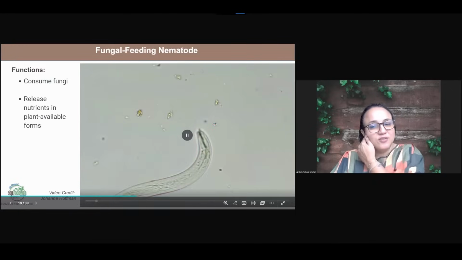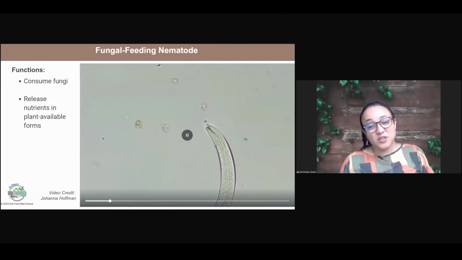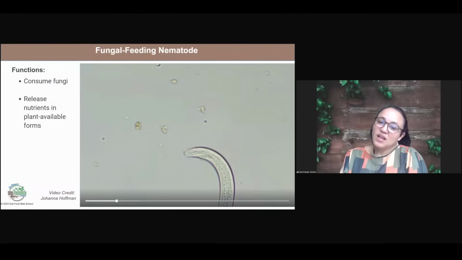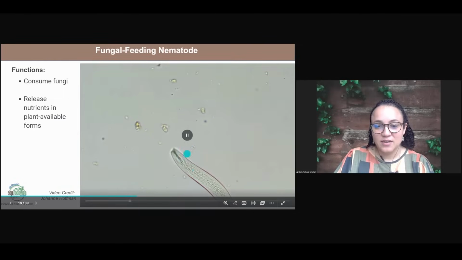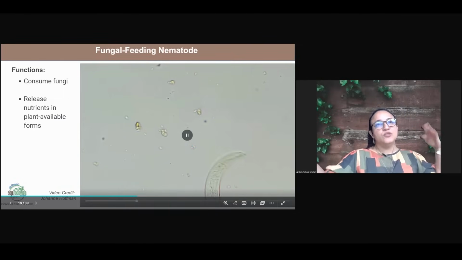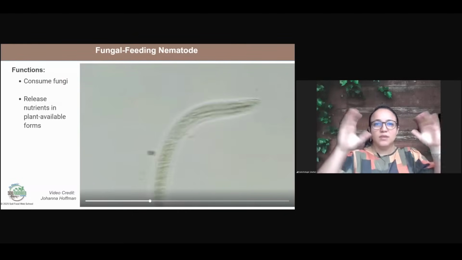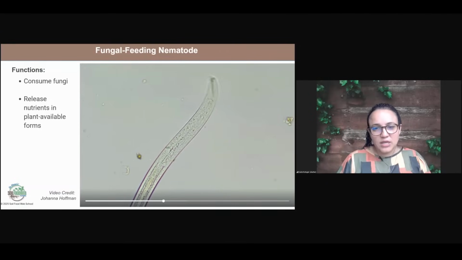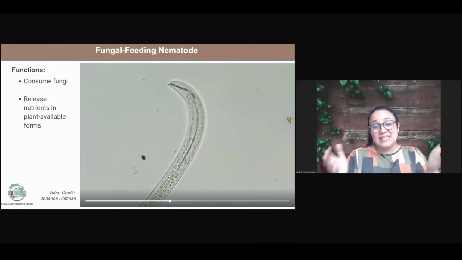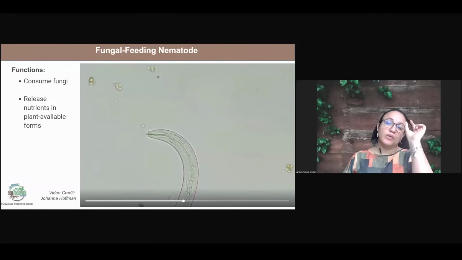Fungal feeding nematodes. A lot of people get scared about them, saying, hey Carla, they can puncture the root system as well. No, because they only have the stylet, as you can see here. Imagine yourself trying to punch a thin wall. You don't need much strength, right? Just one small punch and you are done. This is what we have in the fungal wall when you compare the size of a nematode with a fungal hypha.